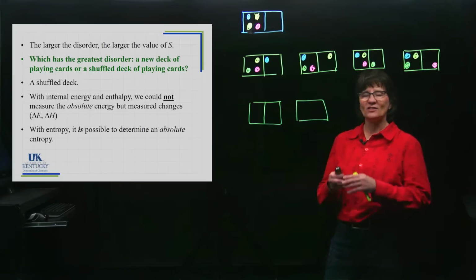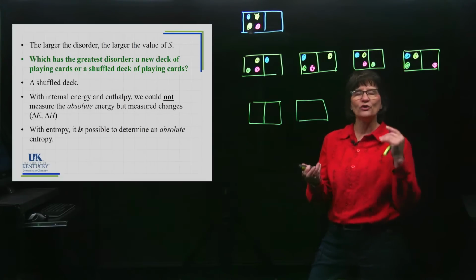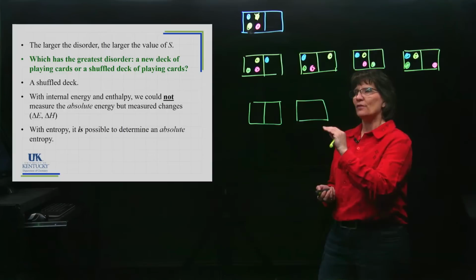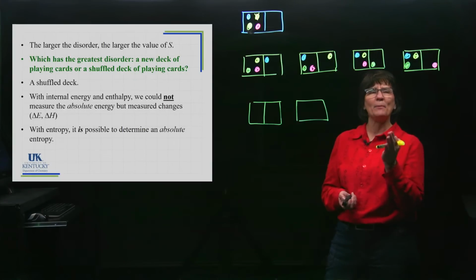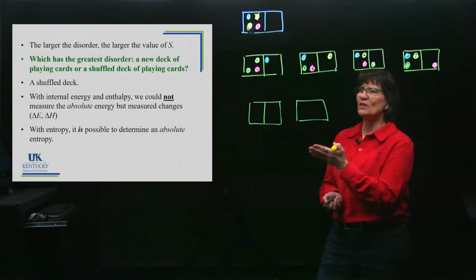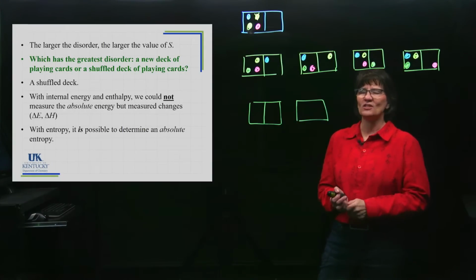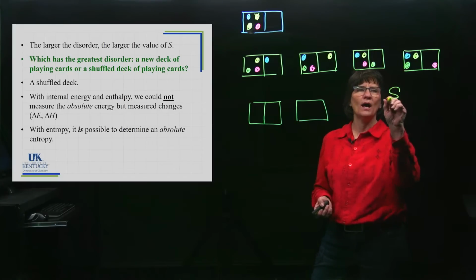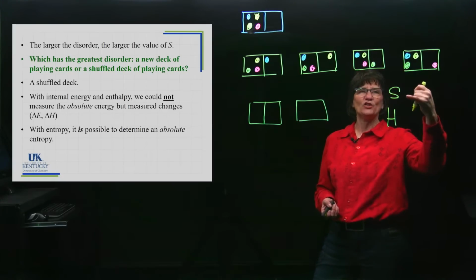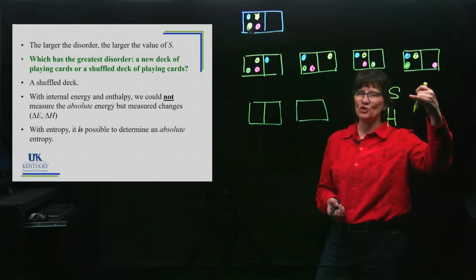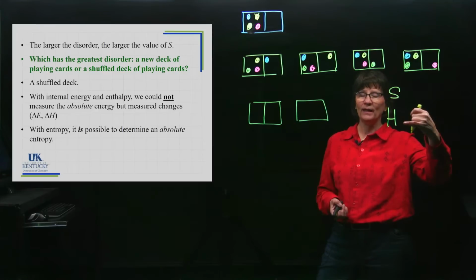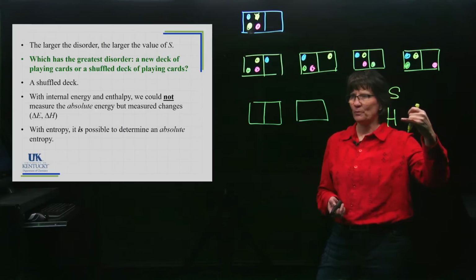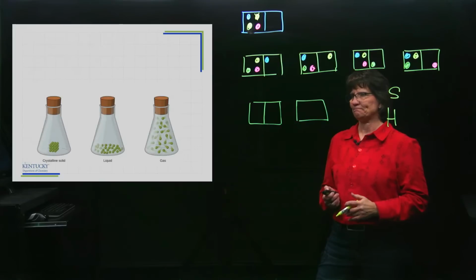So that's just something for you to hold on to and think about, the fact that you can know how much entropy something has, but you can't know how much enthalpy. Now, I just said two words that sound alike to you. Entropy, yeah, you can know how much entropy something has. Enthalpy, no, you cannot know how much enthalpy something has.